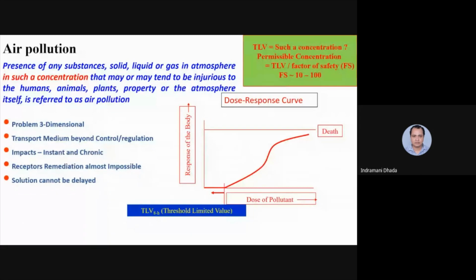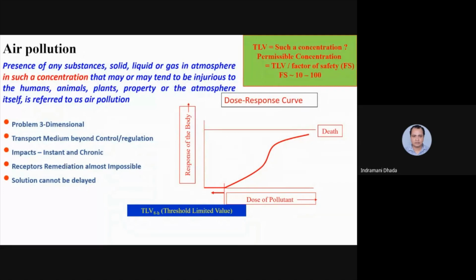And the atmosphere itself: the proportion of gases in the atmosphere changes depending on the concentration of pollutants, so it is also poisonous to the atmosphere itself. So pollutants may be solid, liquid, or gas, there is a certain concentration beyond which we define them as pollutants, and they are harmful to humans, animals, plants, property, and the atmosphere itself. From this definition we can clear our concept of air pollution.